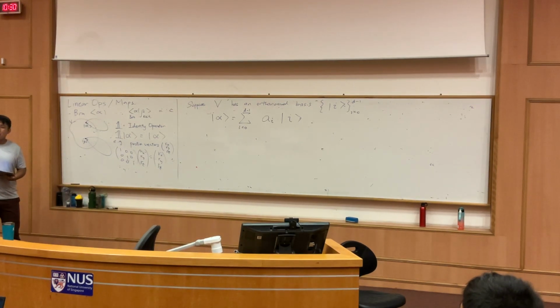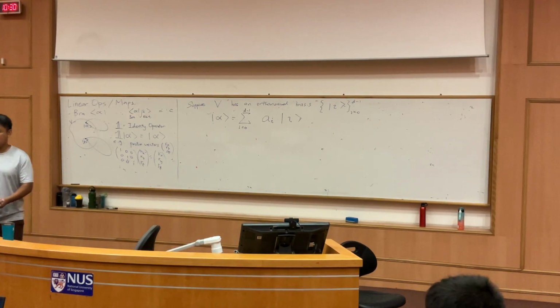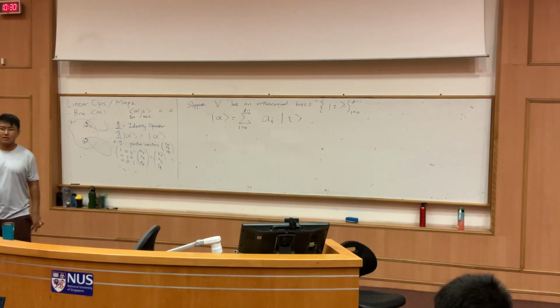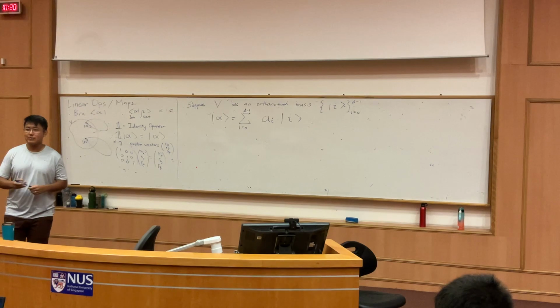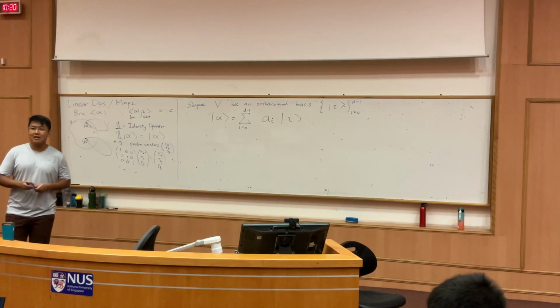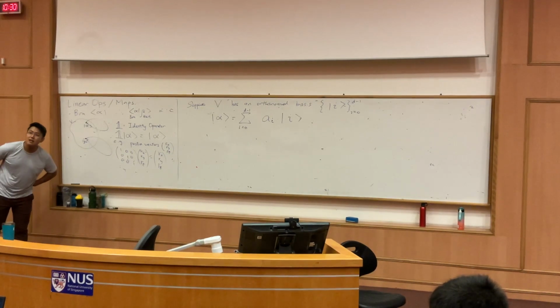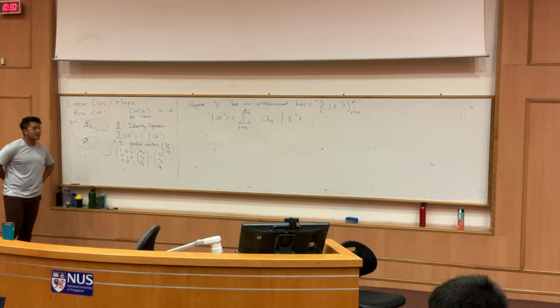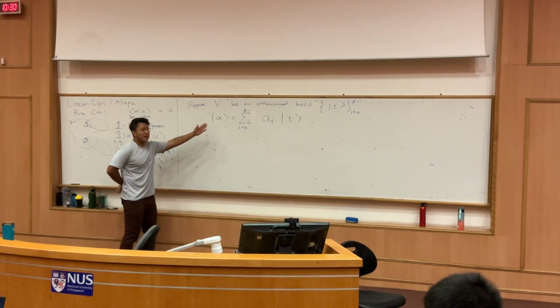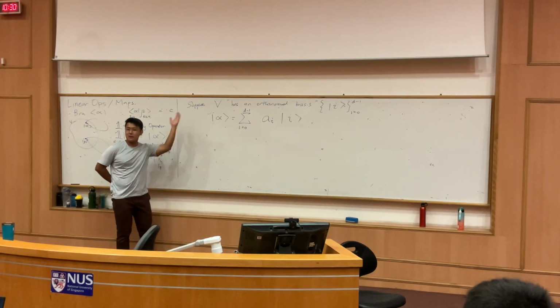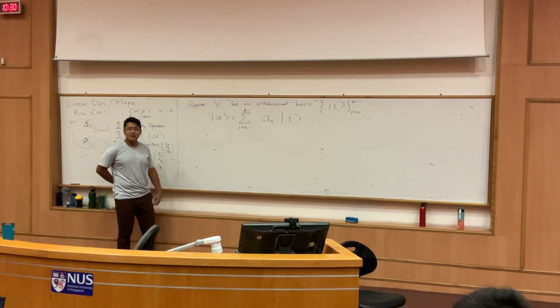Now my question is, what is a_i? I don't mean it in a philosophical sense. I mean, how do you compute a_i? I'm sorry? Exactly. You take the overlap. Okay, so to extract a_i, as I've taught you the last 10 minutes, take the overlap with the ith state.